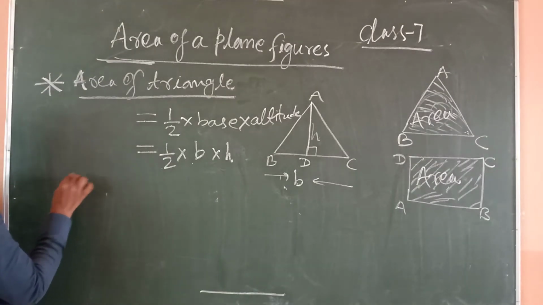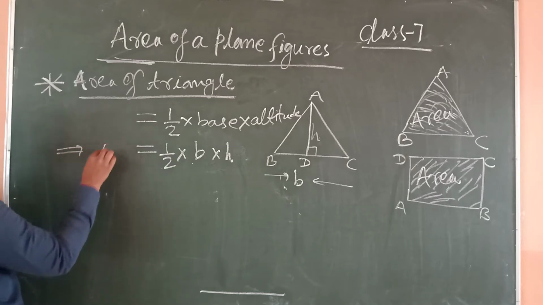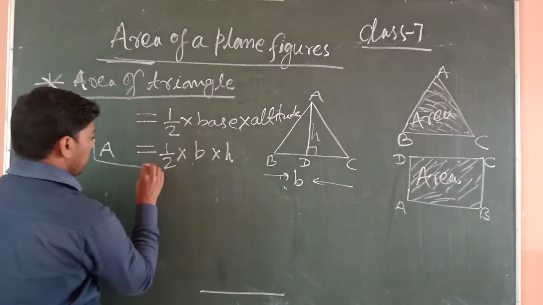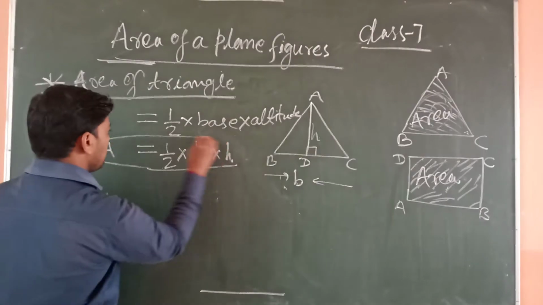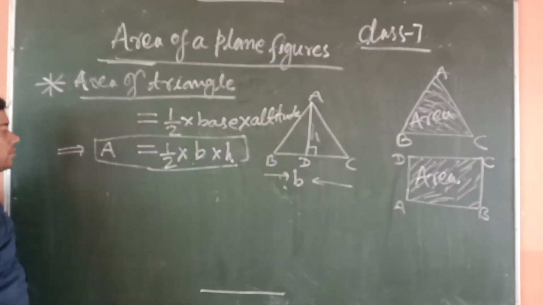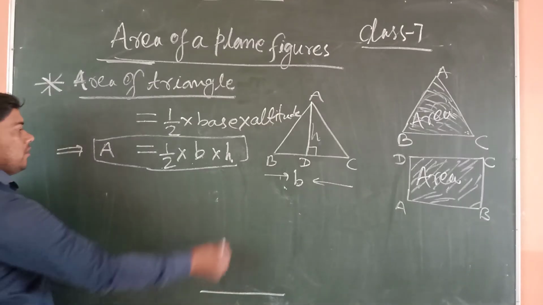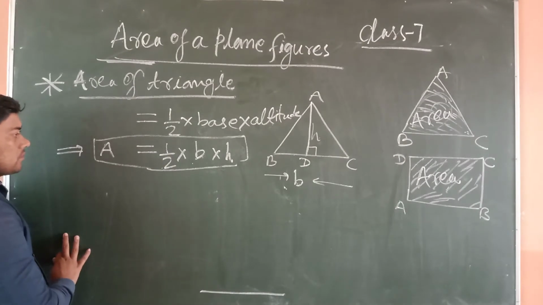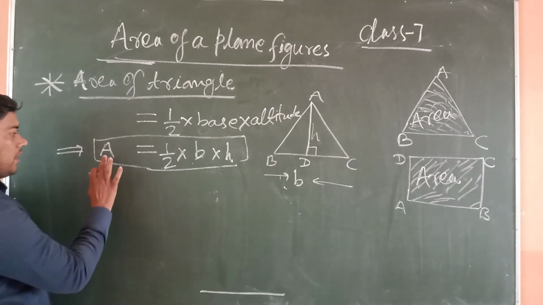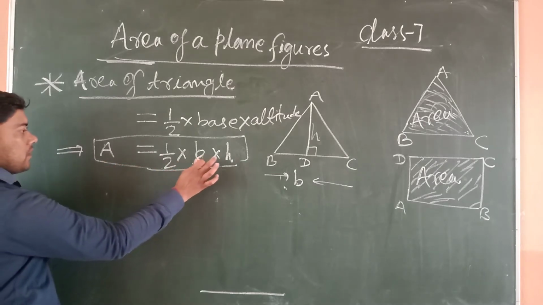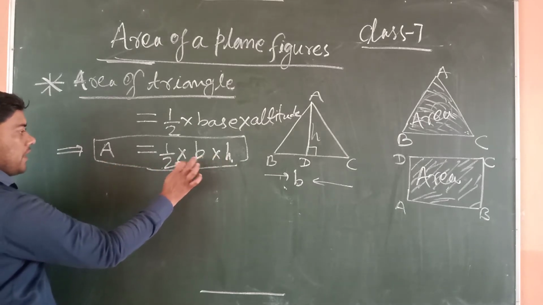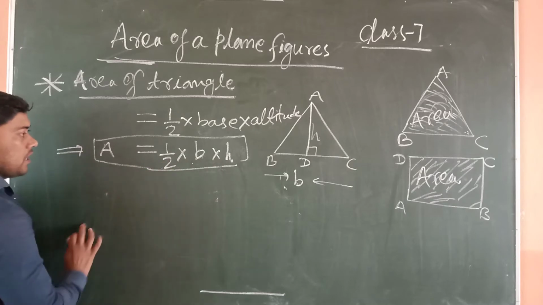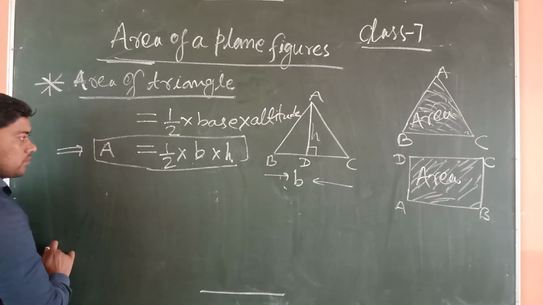Suppose the area of the triangle and the base are given, then you can find the height using this formula only. If the area and height are given and you want to find the base, you can find it using this formula only.